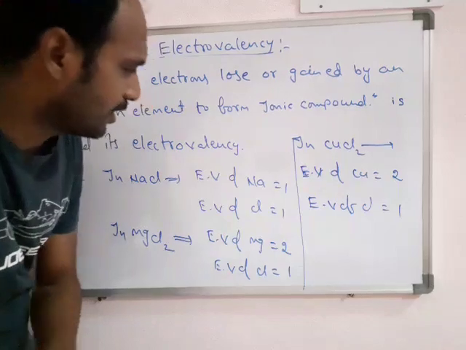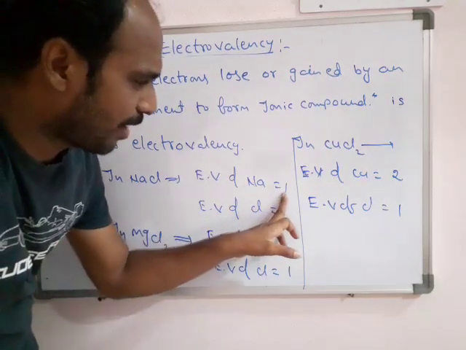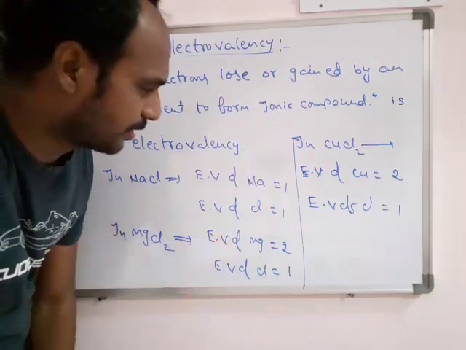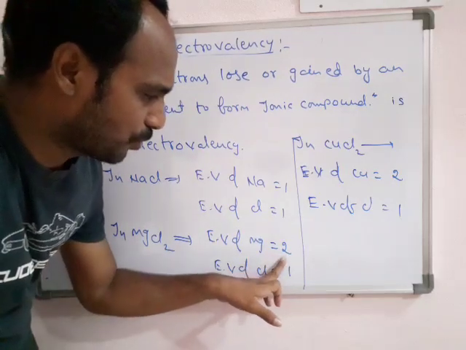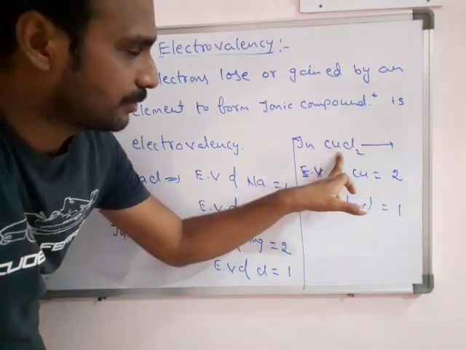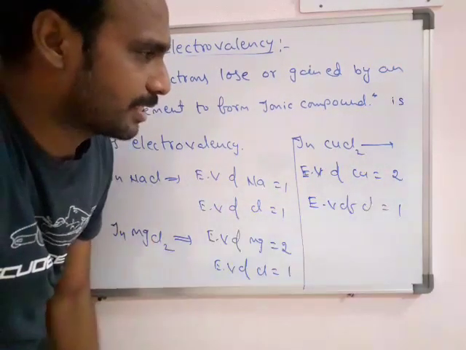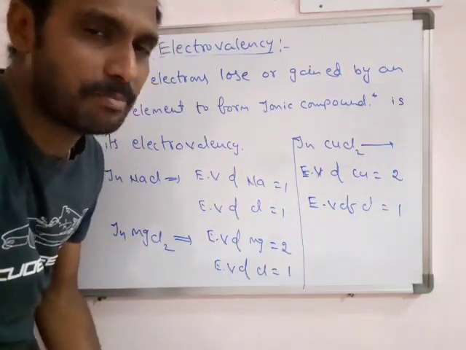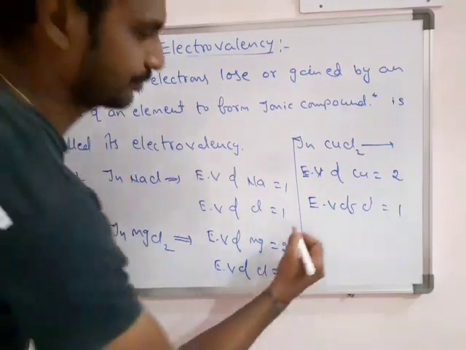Here an important point: sodium always shows valency 1, no doubt in it. Magnesium shows valency 2, no doubt in it. Here copper shows a valency of 2, but in some compounds it may be 1.